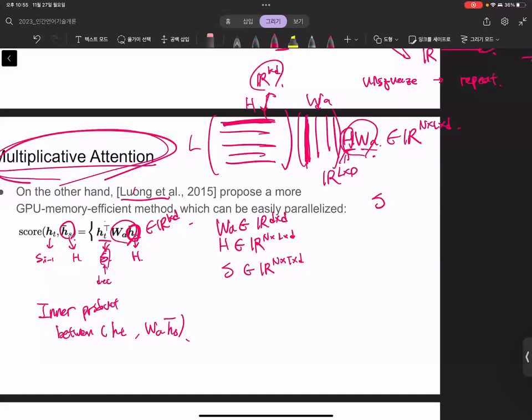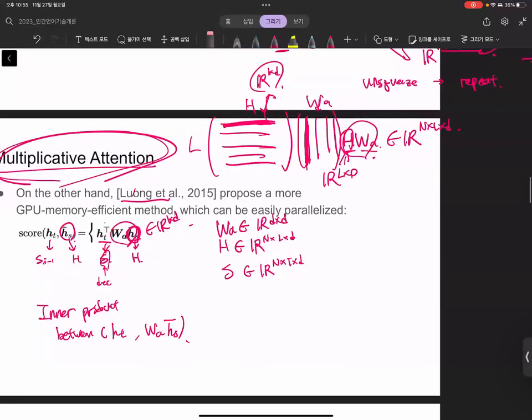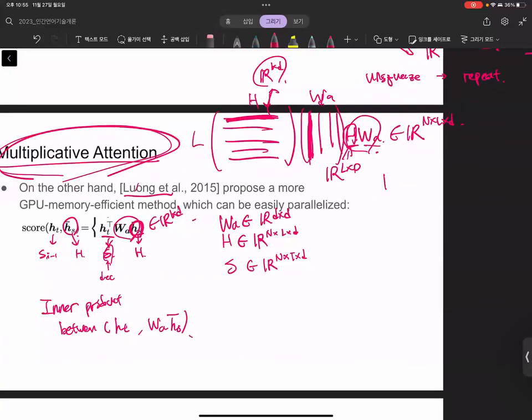Similarly, this can be formulated as S, but the size does not match. We have to transpose S because S is n by t by d. So for simplicity, we omit the batch dimension. So this is the d by t.